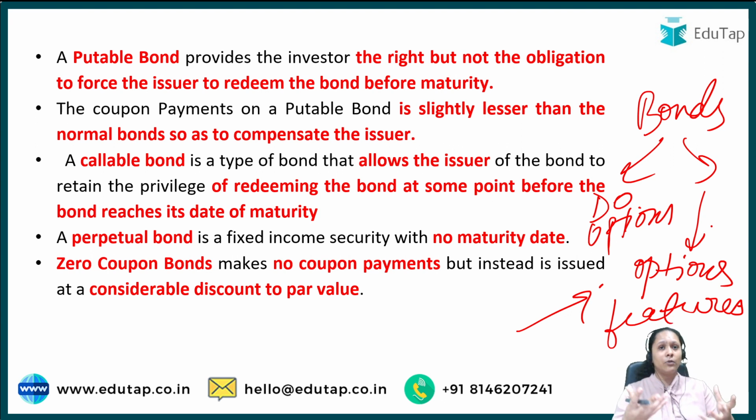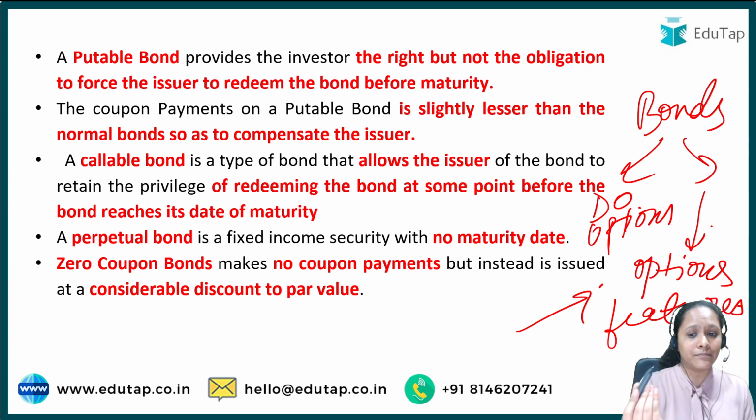What are options? We'll discuss it when we do MCQs on derivatives. But as of now, just understand that a puttable bond allows the investor to ask the issuer to redeem the bond value before maturity. Let us understand this with an example.